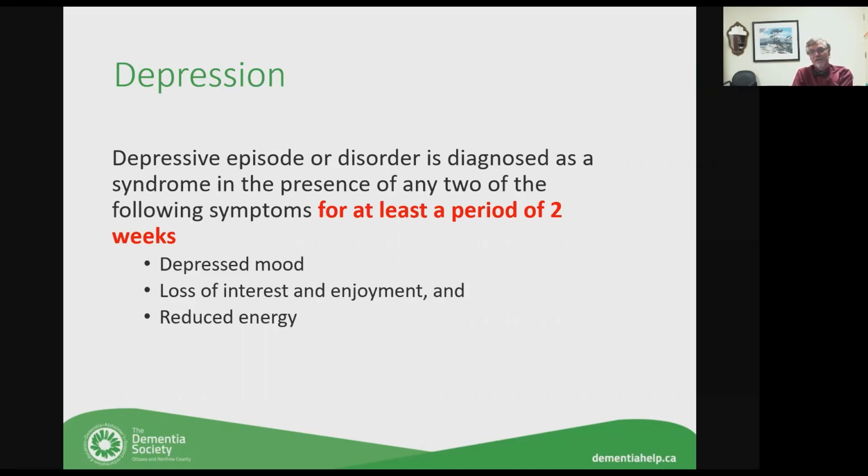And of course, depression is often treatable, and so the function can return. So depression could be a cause of mild cognitive impairment, right? They present like dementia or on the way to dementia, but then it's a reversible condition.